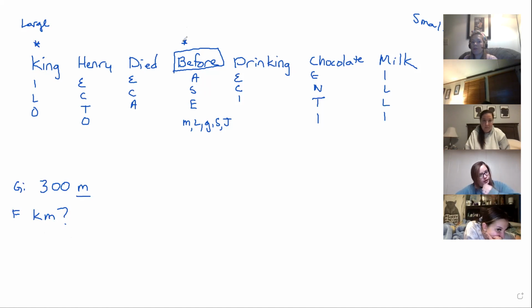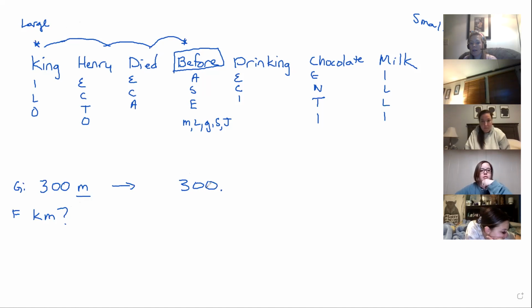So in order for me to go from the base unit to this larger unit, I need to take 1, 2, 3. Sorry, that last hop is not long enough. 1, 2, 3 hops with my decimal towards the left. So in 300 over here, let's move this over here. So 300. Where is my decimal? It's right there.